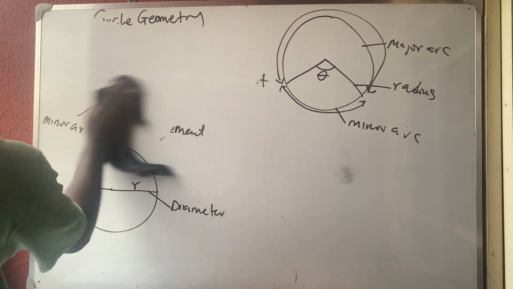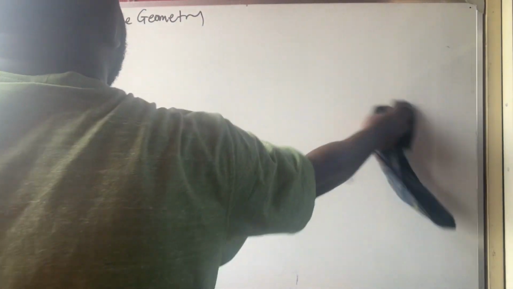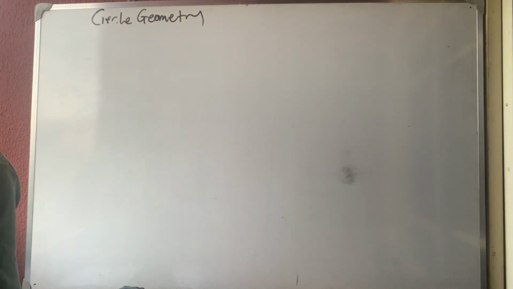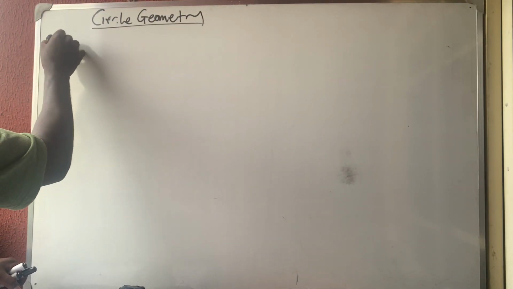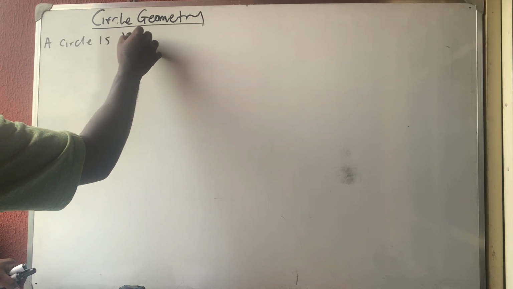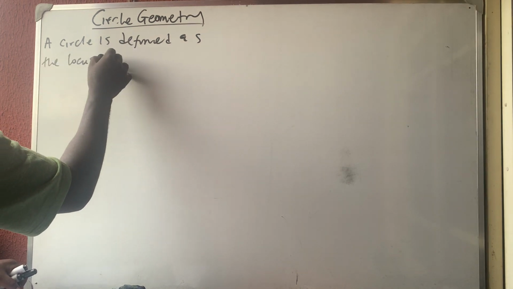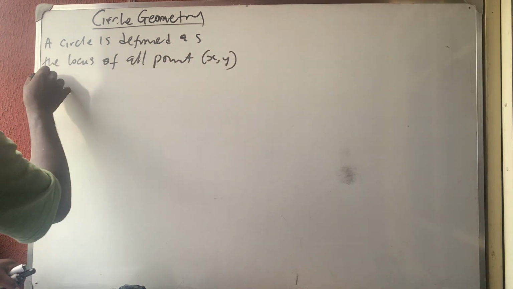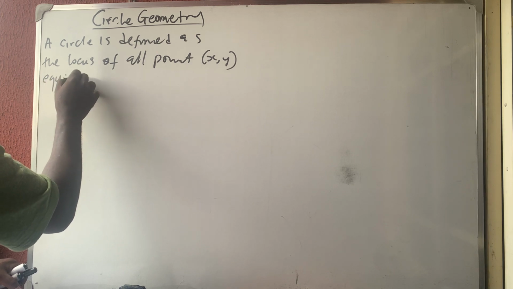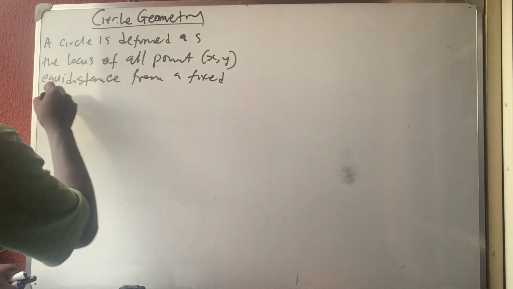Now, how do you define a circle? A circle is defined as the locus of all points x, y equidistant from a fixed point.